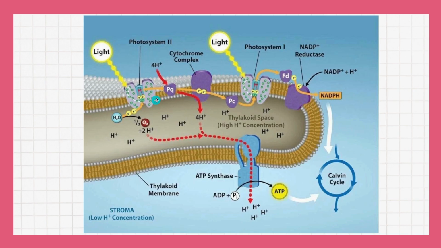So after that, the electrons get transported to what we call the plastoquinone. After it gets transported to plastoquinone, it enters the cytochrome complex. Then once it enters the cytochrome complex, the electrons move to the plastocyanine. Once it moves to the plastocyanine, it moves to the photosystem 1.